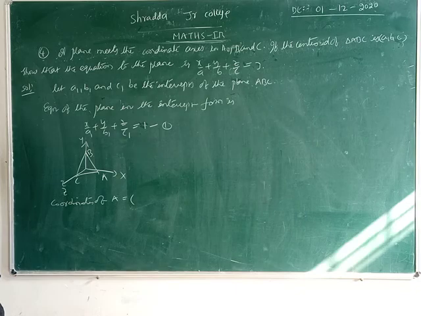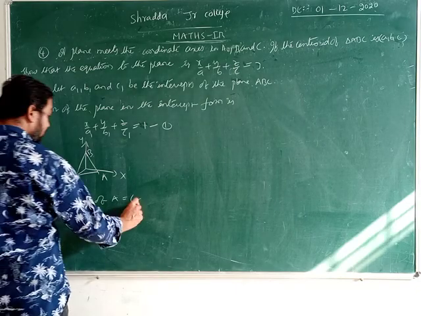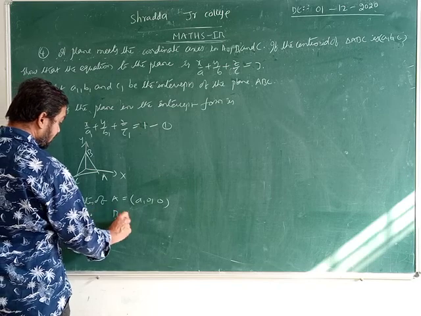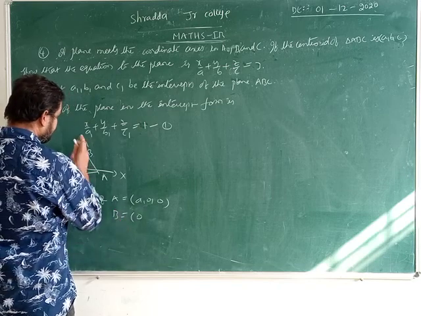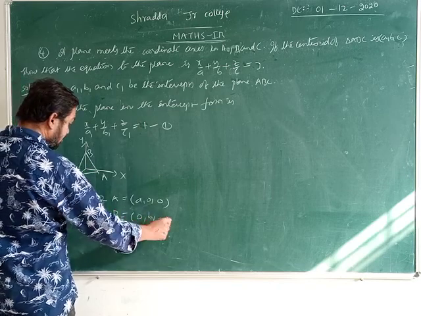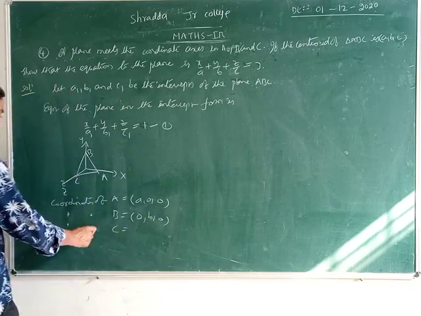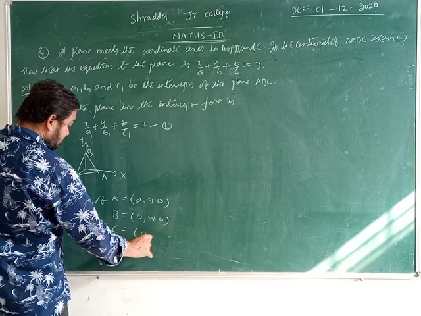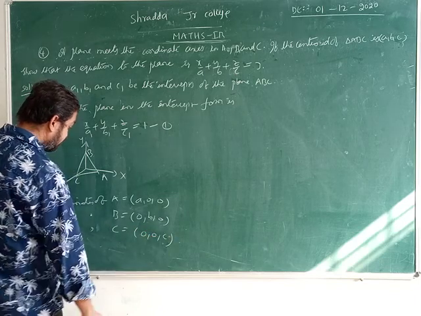So the coordinates of A are a comma 0 comma 0. Next, coordinates of B lie on the y axis, 0 comma b comma 0. Coordinates of C lie on the z axis, so 0 comma 0 comma c.